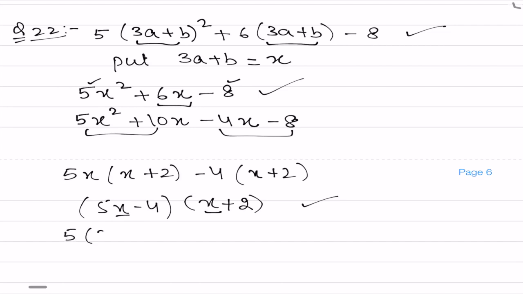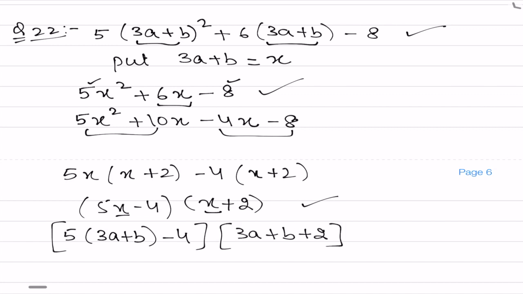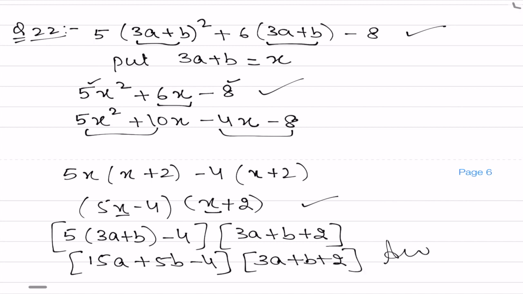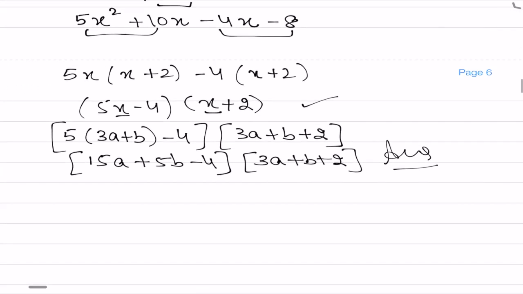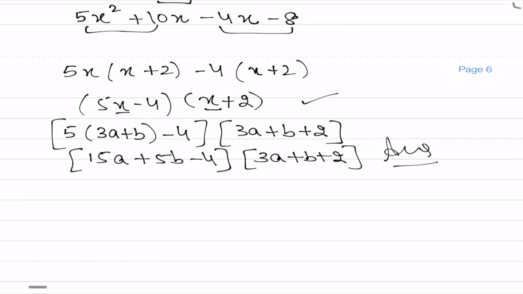So 5 into 3a plus b minus 4, into 3a plus b plus 2. Now we will open the bracket. So 15a plus 5b minus 4, into 3a plus b plus 2. So these are the two factors of the given expression.